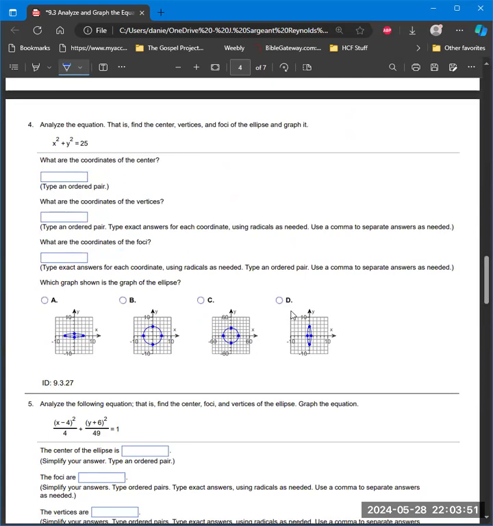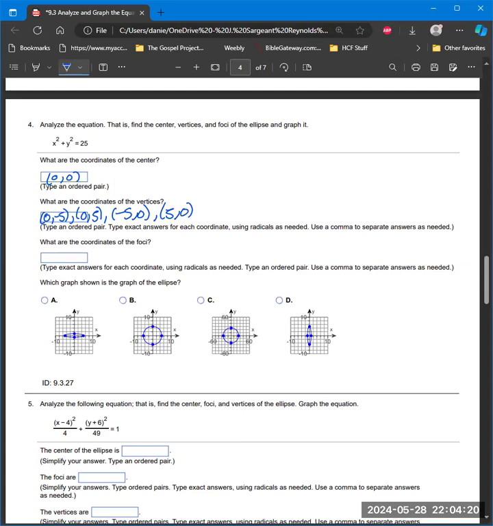Right, this is a circle. It's not an ellipse. X squared plus y squared equals r squared. So this is 0, 0. And the vertices are going to be at all the points on the end of the circle on the x-axis and y-axis here. So that's 0, -5, 0, 5, -5, 0, and 5, 0.